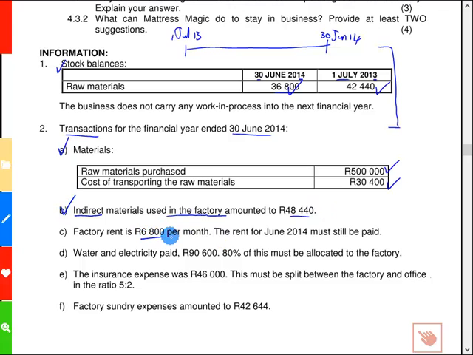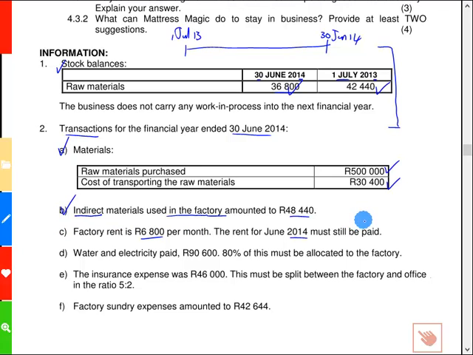Factory rent is 6,800 per month. The rent for June 2014 must still be paid. First question we ask is, is this part of making the finished product? Do we need to pay for the factory rent in order to make the finished product? Yes, we do. Without the factory, we won't be able to make our product. So this is going to be part of the production cost statement.